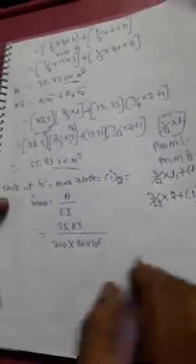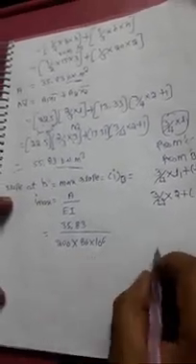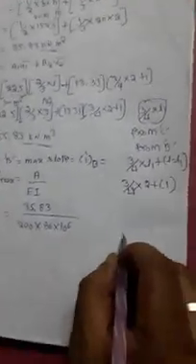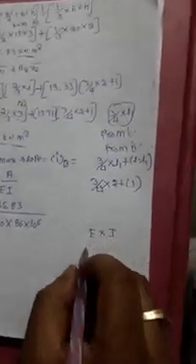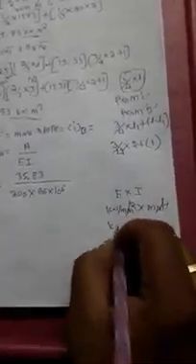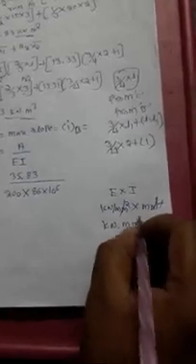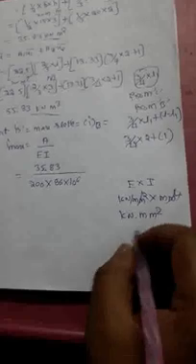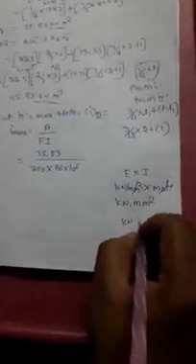Okay, now the conversion of the units. The units in the denominator are E into I. E has units of kilonewton per mm square, and I has units of mm to the power of 4, so these cancel, and kilonewton into mm square is the remaining unit. But in the numerator we have kilonewton into meter square.